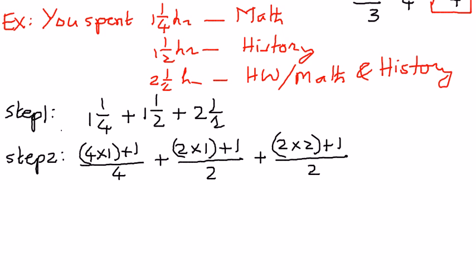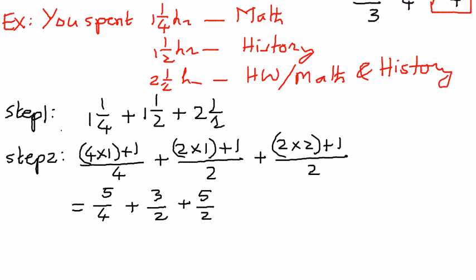Now we are ready to simplify this. So 4 times 1 is 4, 4 plus 1 is 5 divided by 4, plus the second part is 2 times 1 is 2, 2 plus 1 is 3 over 2, plus the third expression is 2 times 2 is 4, 4 plus 1 is 5 divided by 2.